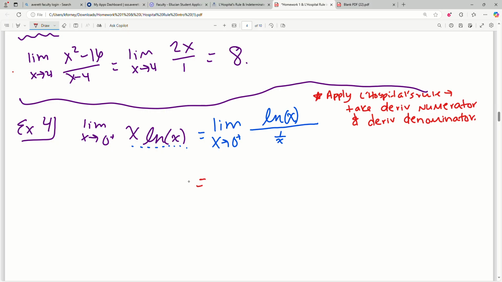So you still have not taken the limit, so we leave that. But the derivative of natural log x is 1 over x.